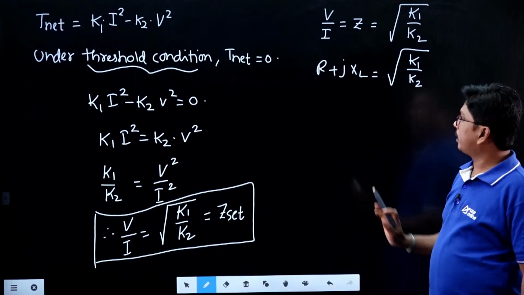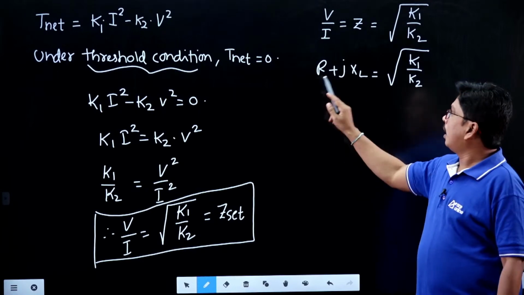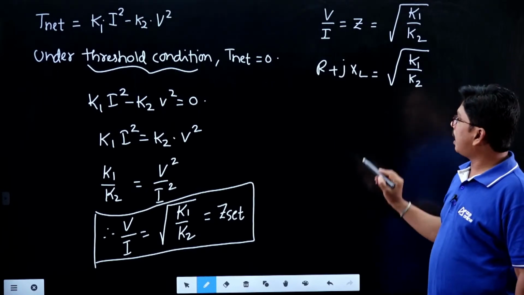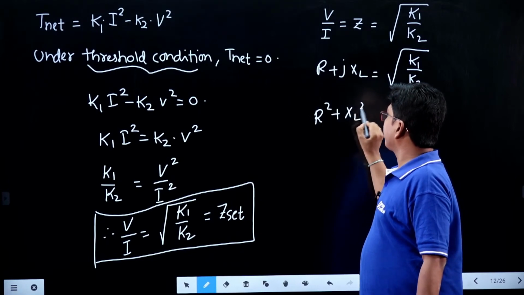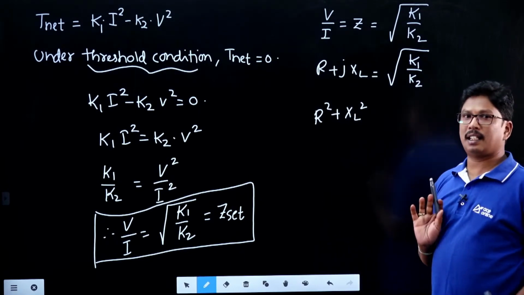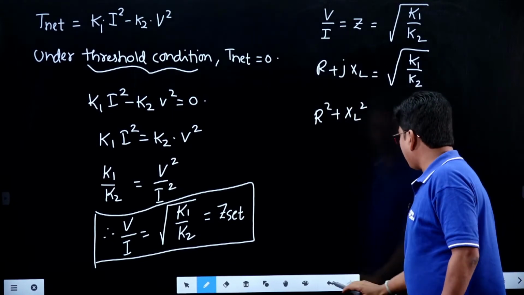Then what is the magnitude of this R plus JXL? The magnitude of R plus JXL is under root of R square plus XL square. That is the magnitude.